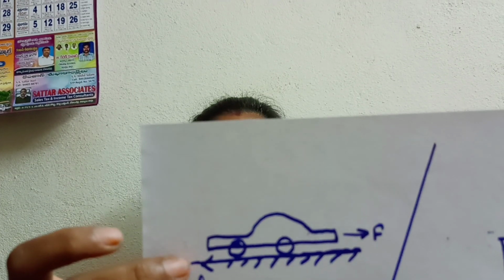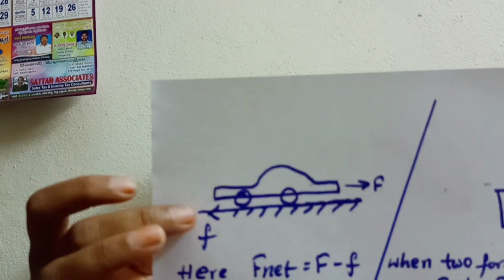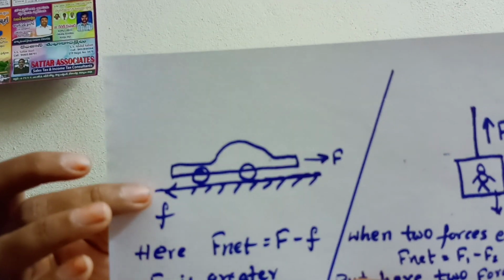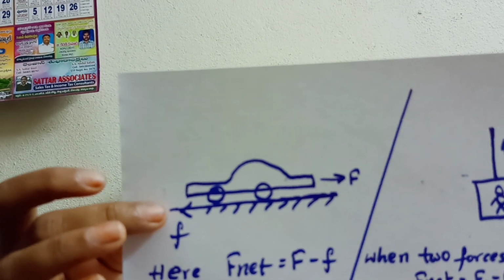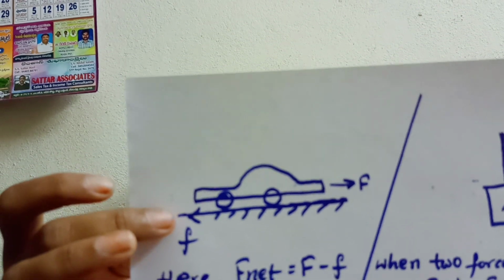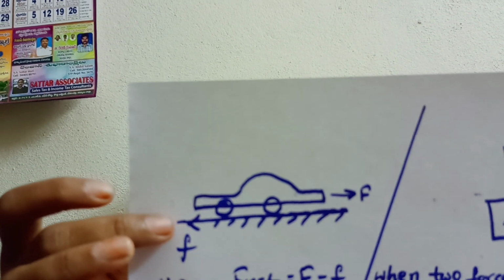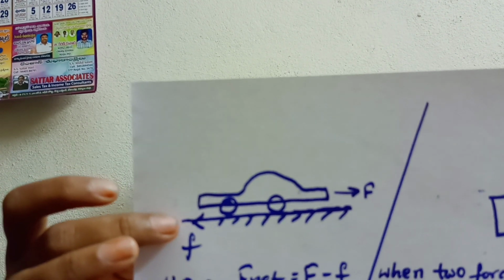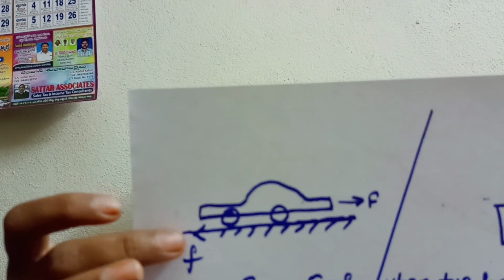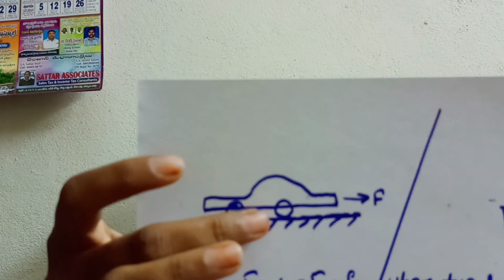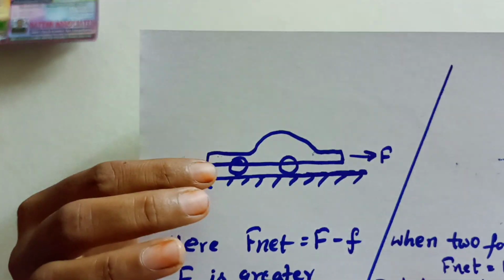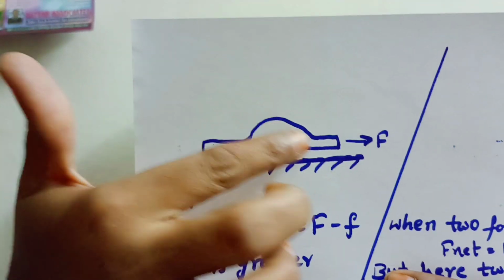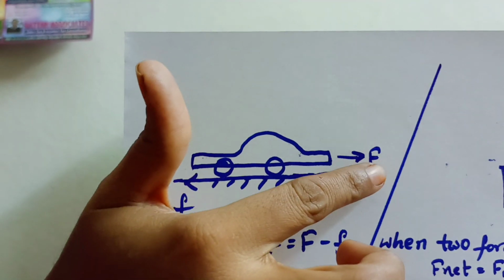Here we observe a car. The car is in motion on a road. Generally we know that the car is moving forward because of the engine. Because of the force applied by the engine, it is moving in the forward direction.